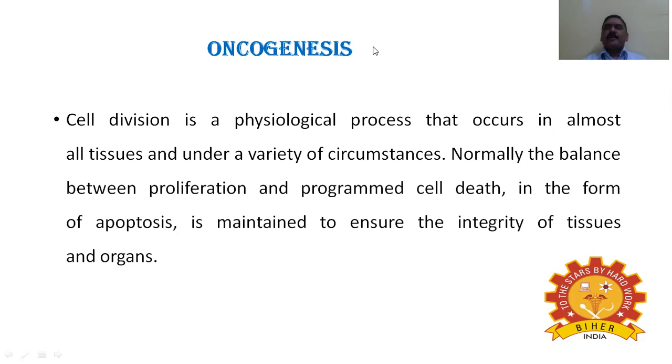Normally, the balance between proliferation and apoptosis, or programmed cell death, is maintained to ensure the integrity of tissues and organs.